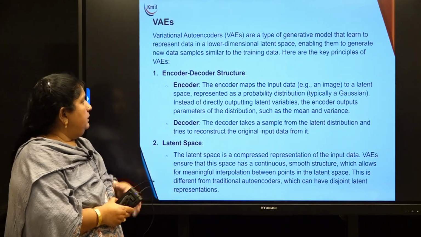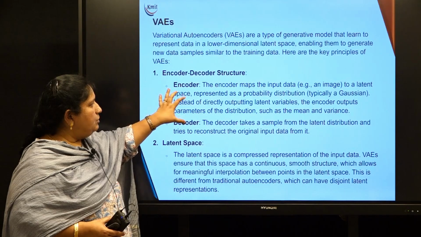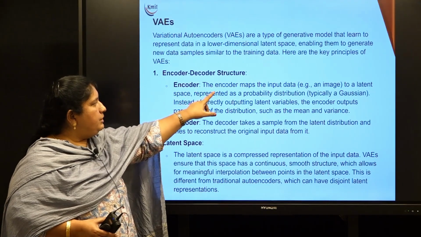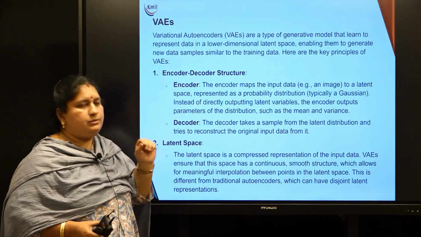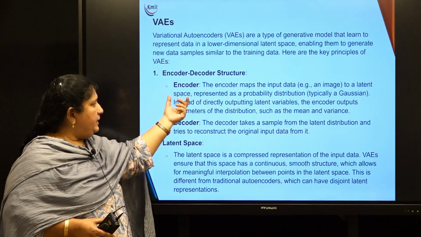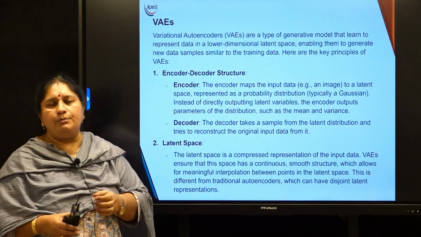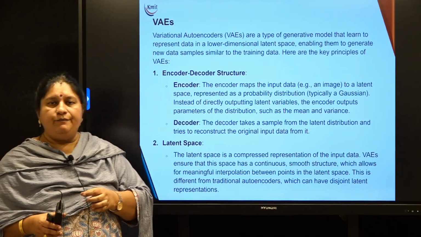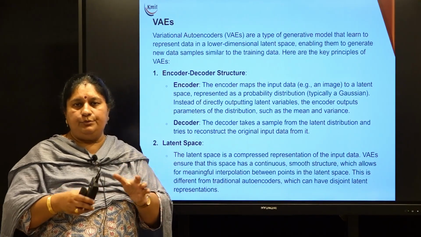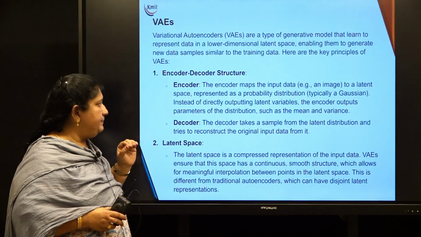So the encoder-decoder structure: what is the encoder trying to do? The encoder maps the input data, generally taking an image as an example, into a latent space represented as a probability distribution. We use some probability distribution algorithms to map the original input data into a latent space with probabilistic distributions.